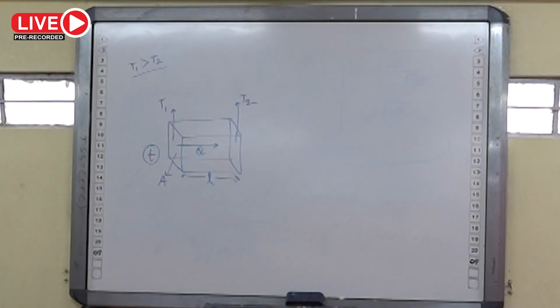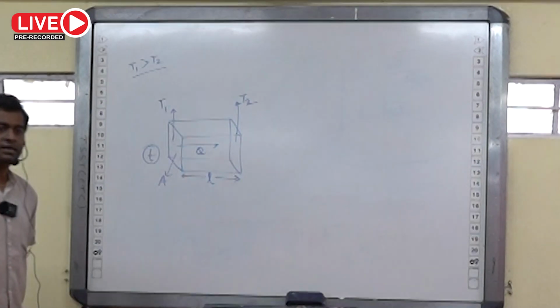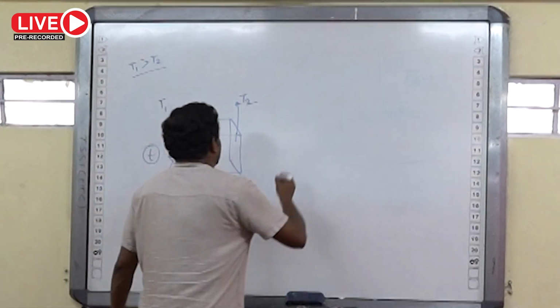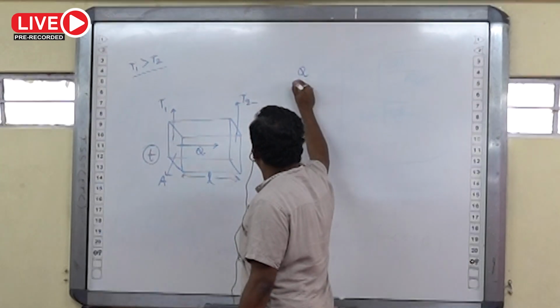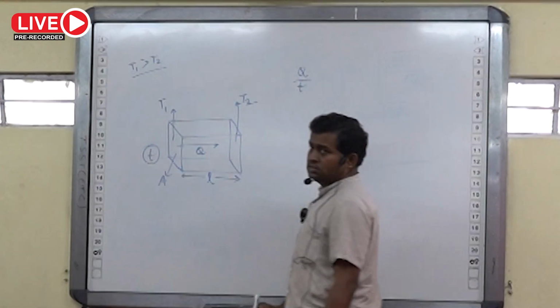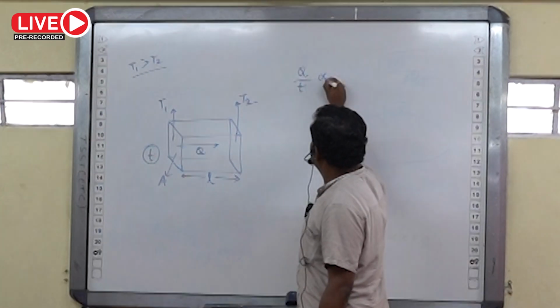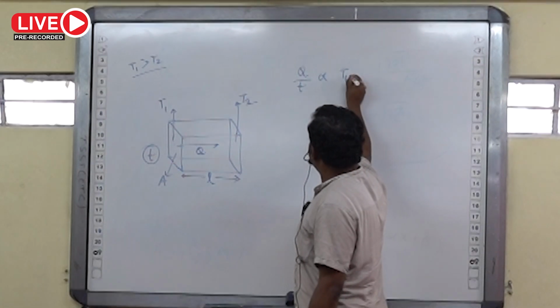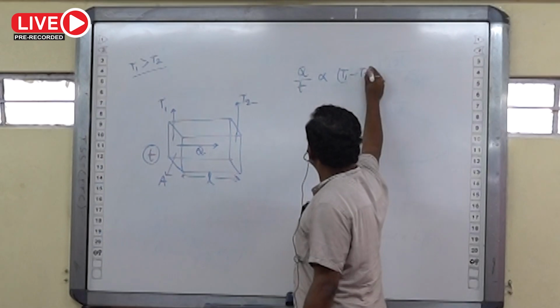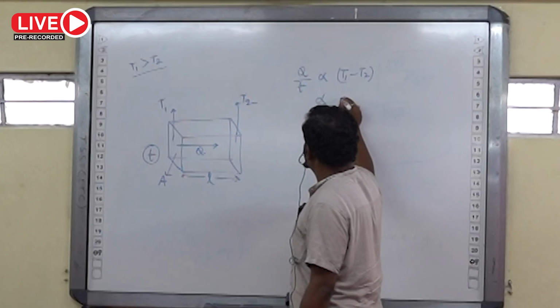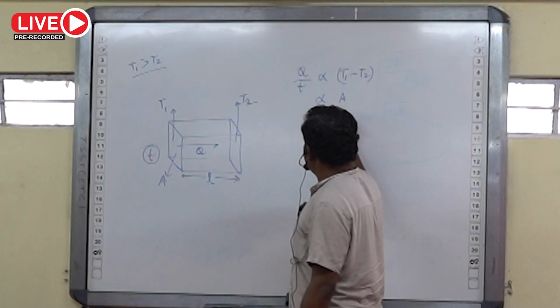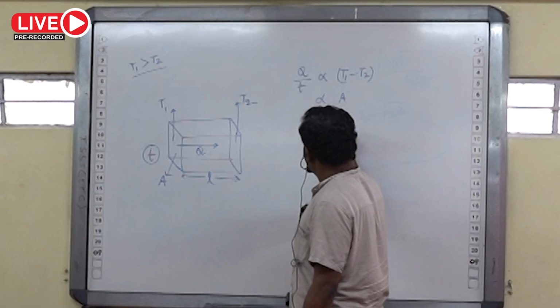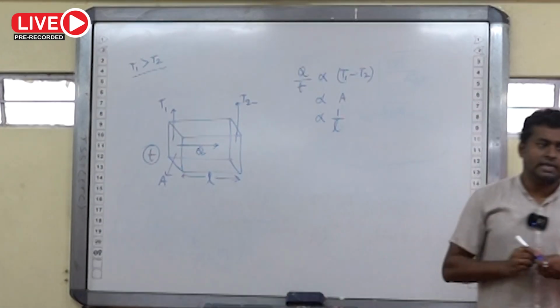Then the rate of heat flow, that is Q by t, is proportional to T1 minus T2, and is inversely proportional to length.